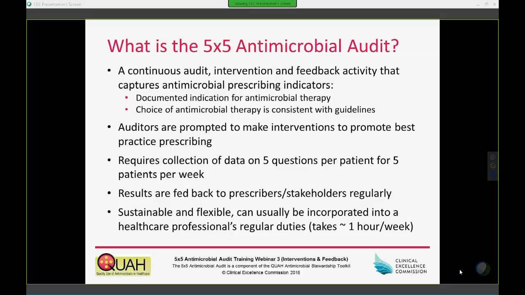And we know from pilot testing that it's a sustainable and flexible activity. It can usually be incorporated into a clinical healthcare professional's regular duties, taking about an hour a week to identify 5 patients that are eligible for audit, answer the 5 questions, make any necessary interventions, and document the results. So that's just a recap.